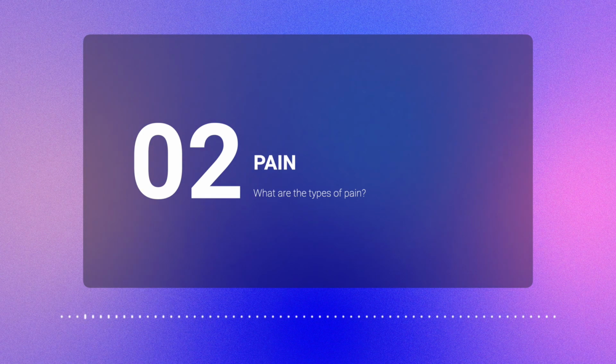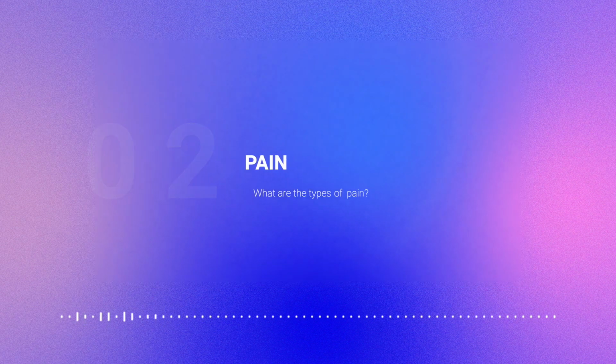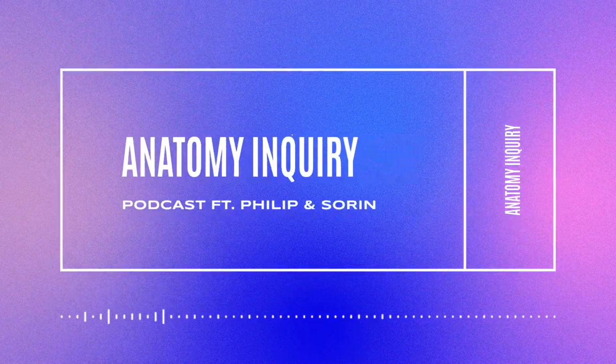From there, at the dorsal column of the spinal cord, that specific neuron sends off excitatory neurotransmitters to a second-order neuron.